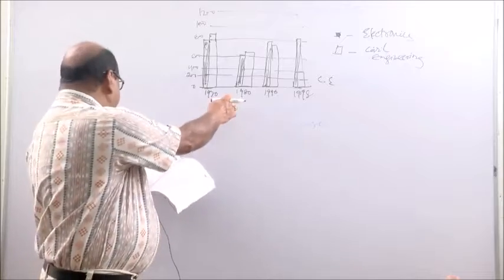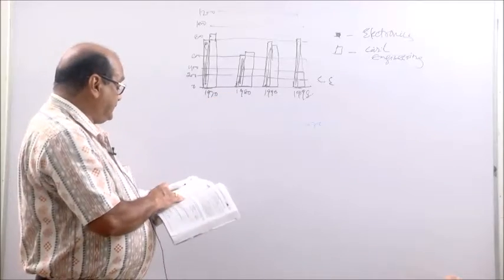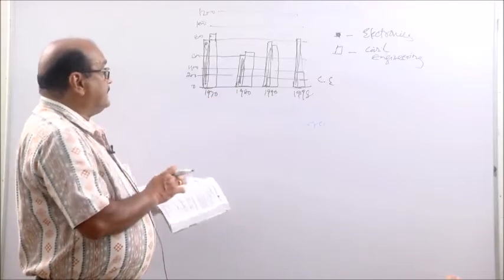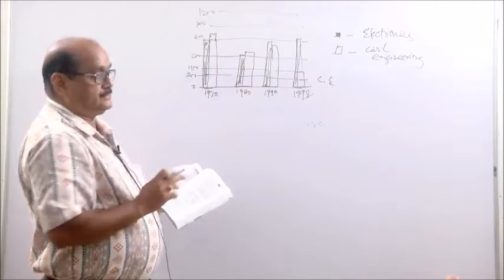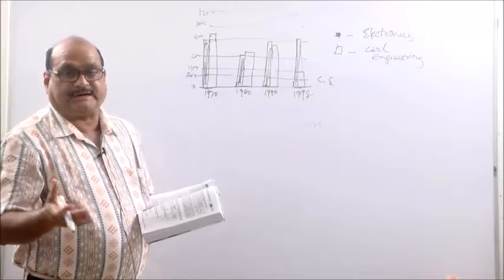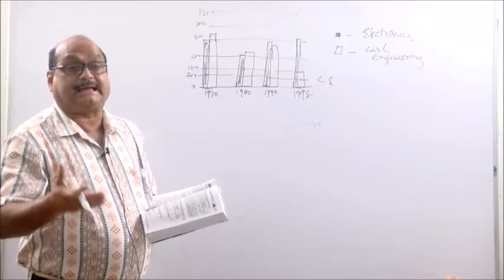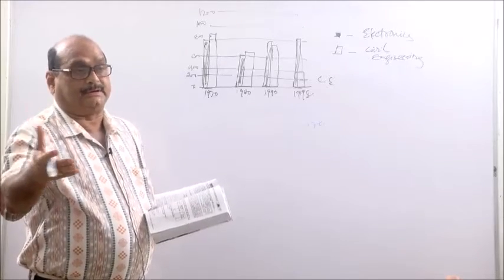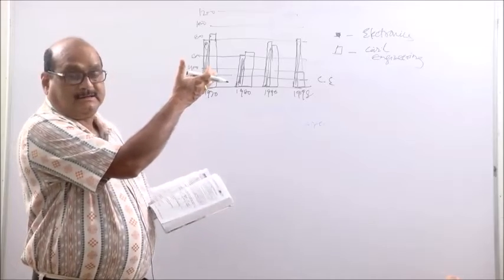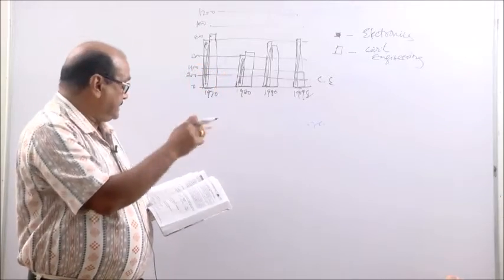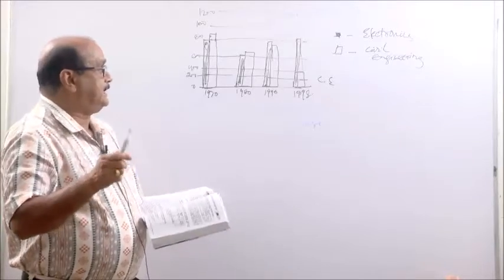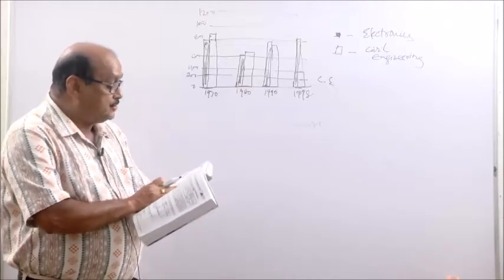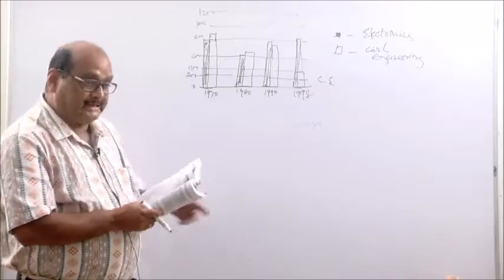In 1980, what happened? In 1970, electronics was newly introduced, and the parents and students were not sure of the future career in the electronics course. But gradually, they came to know that the study of electronics has a good career, a good future.